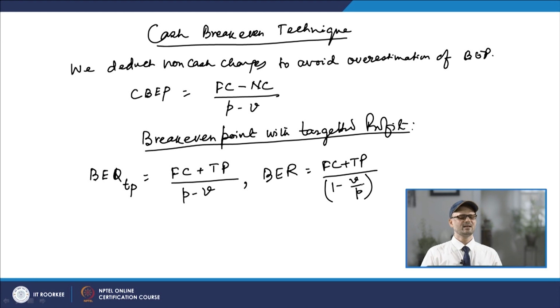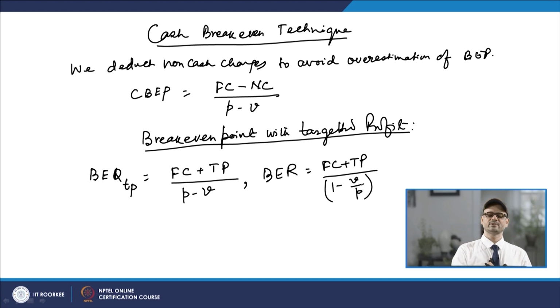What we see is that when we talk about the cash break even technique, in that case we are subtracting these non cash charges, and in this case we are basically adding the targeted profit. That is the only difference between the cash break even point and the break even quantity with targeted profit.